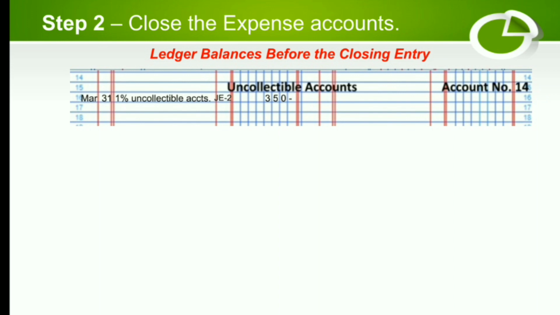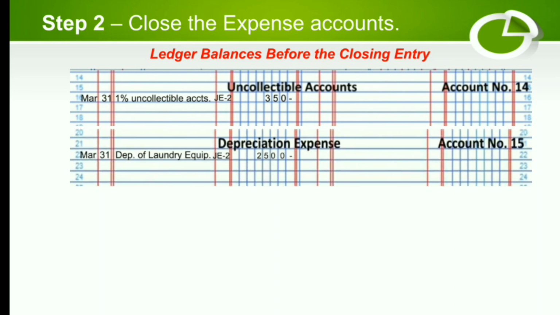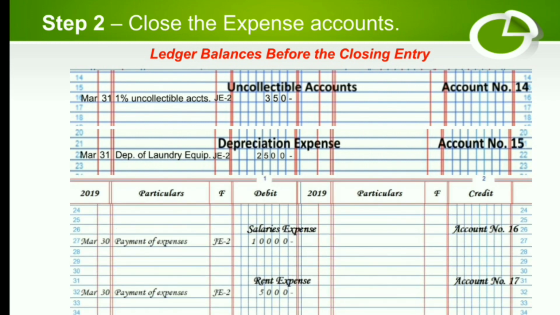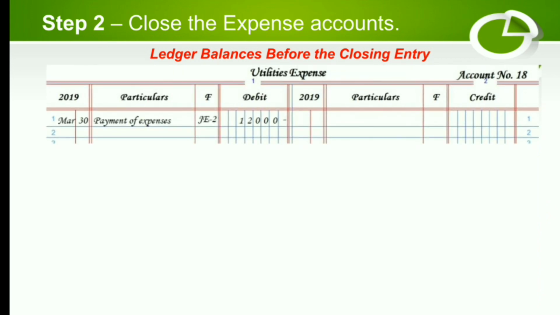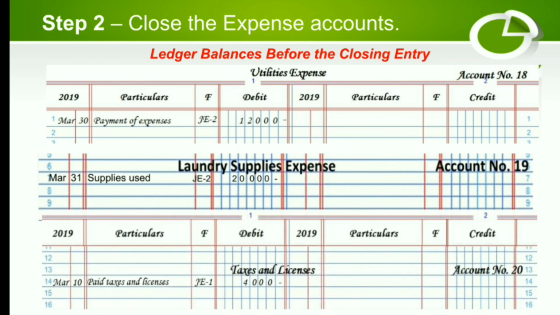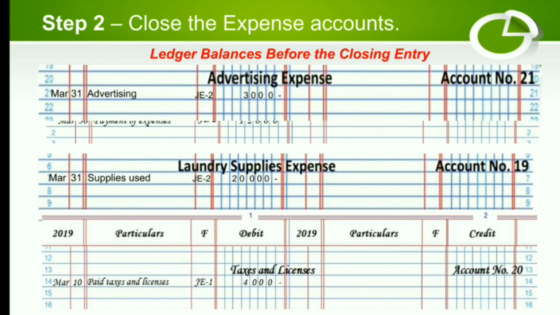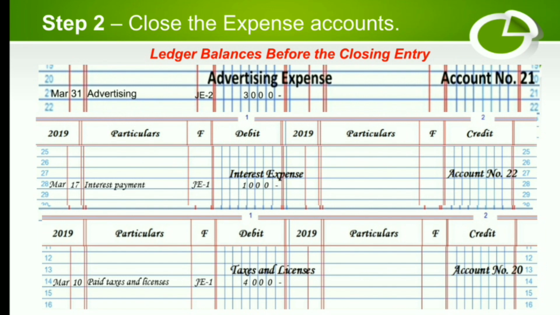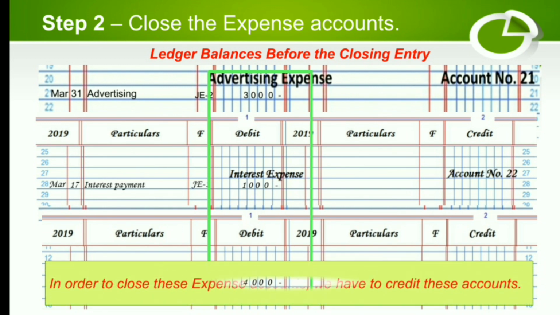So we have uncollectible accounts of 350 pesos, depreciation expense 2,500 pesos, salaries expense 10,000 pesos, rent expense 5,000 pesos, utilities expense 12,000 pesos, laundry supplies expense 20,000 pesos, taxes and licenses 4,000 pesos, advertising expense 3,000 pesos, and lastly, we have interest expense of 1,000 pesos. If you notice, the expenses are located at the debit side of the general ledger. So if we're going to close these accounts, since they are in the debit, we need to credit them.